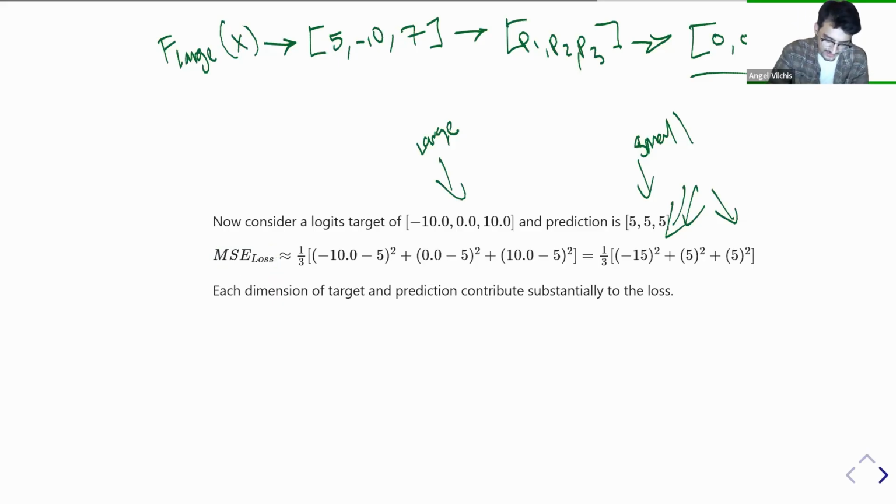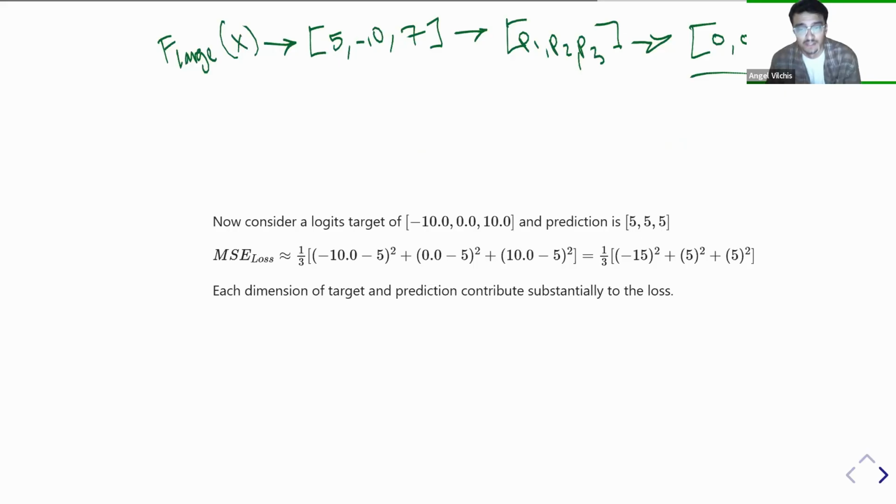And that would lead to more information for the small model to learn. So that's why soft targets is important, and it really sets the stage for distillation.